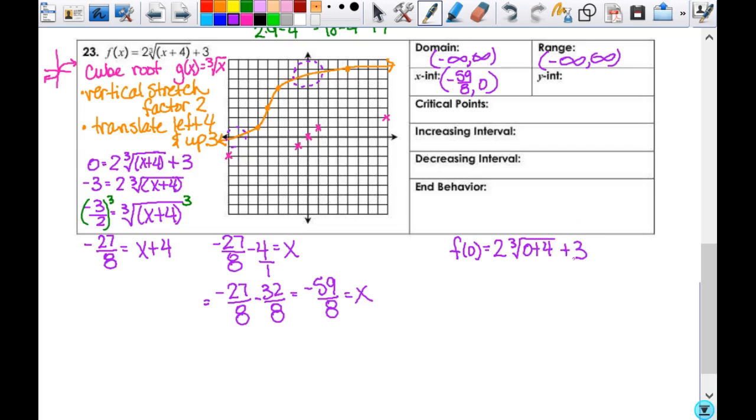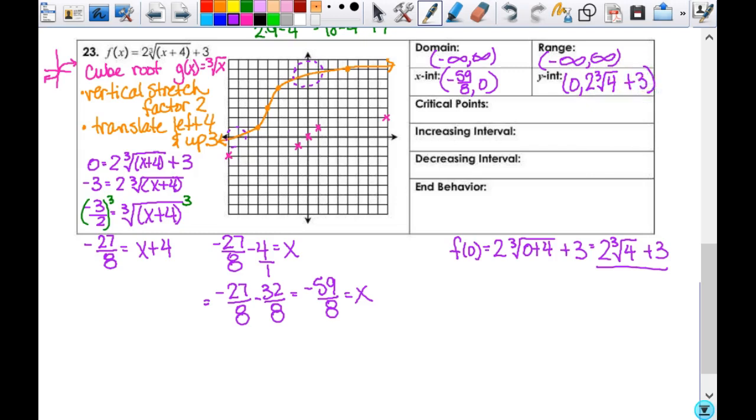Okay, so that gives me 2 times the cube root of 4 plus 3. So, can I take the cube root of 4? No, I cannot. So I cannot simplify this anymore. This is my y value, so my ordered pair is 0, and then 2 cube root of 4 plus 3. Don't be afraid of weird-looking answers.